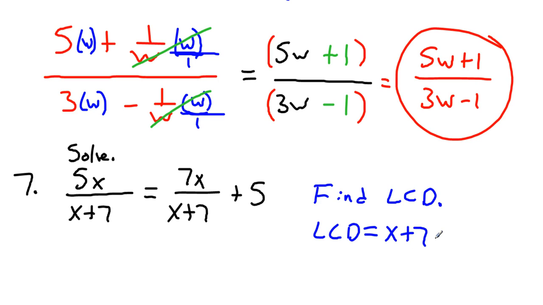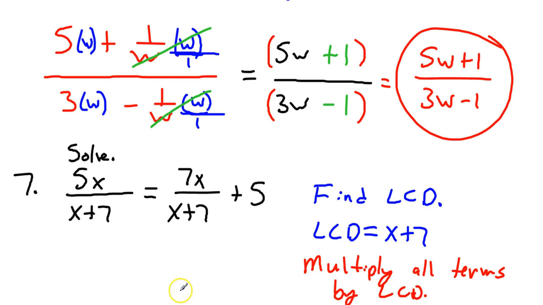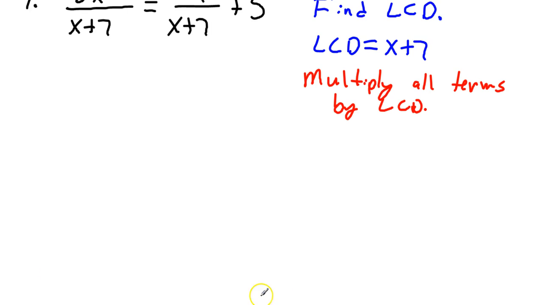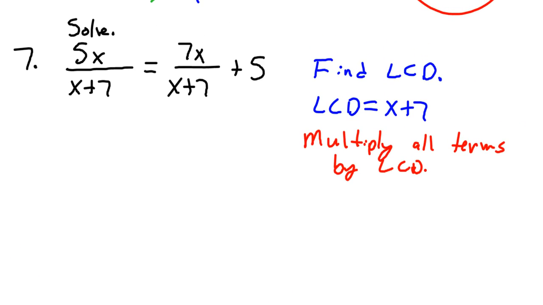And here's where this part is similar to the last problem. With the complex fractions, or if you're solving for these, once you find the least common denominator, you multiply all the terms by the LCD. So we take the 5x over x plus 7 and multiply it by x plus 7.